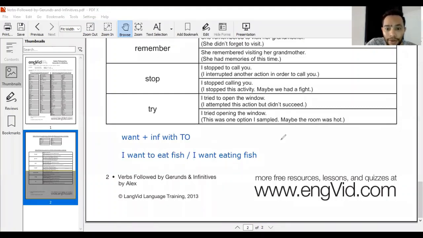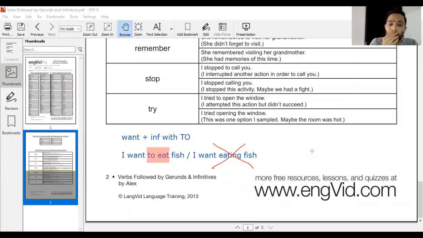And if I ever say I want to eating fish, it is completely incorrect because want doesn't follow this pattern. The only pattern it follows is infinitive with to, just like in this case right here, which is correct. Take a look, right?